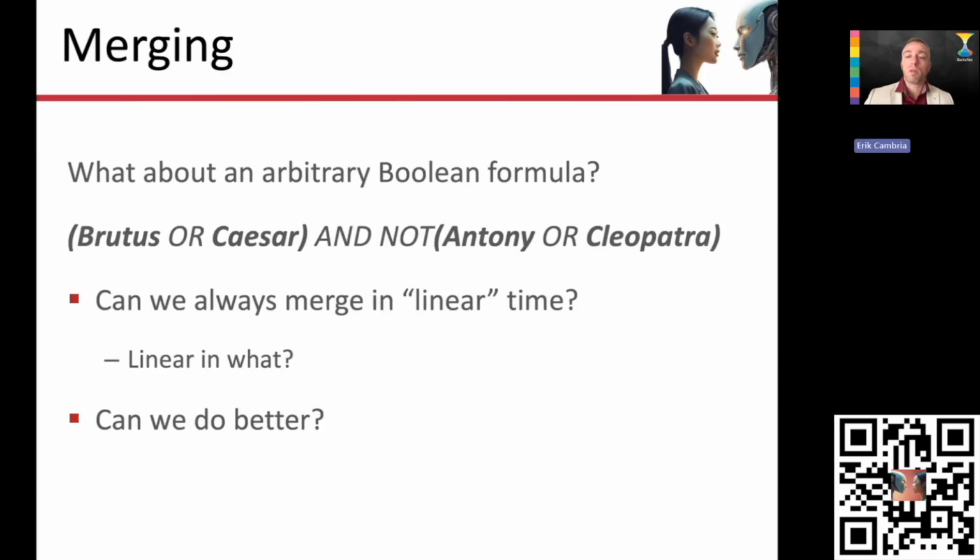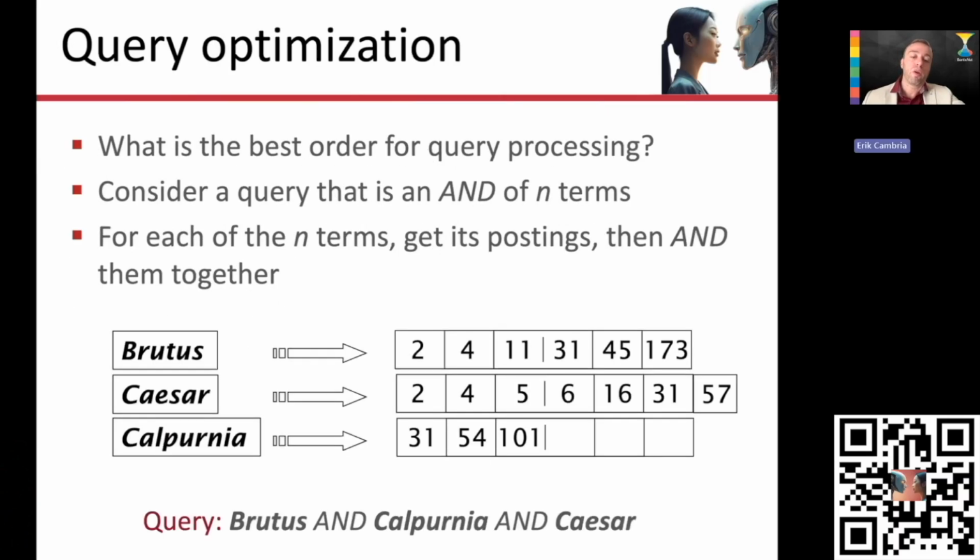So now let's look at some optimizations. How can I make sure that if I have a long query like this, it's in the best possible order? How do I, for example, do a bit of pre-processing to reorder this query so that it takes less time for my system to answer this query?